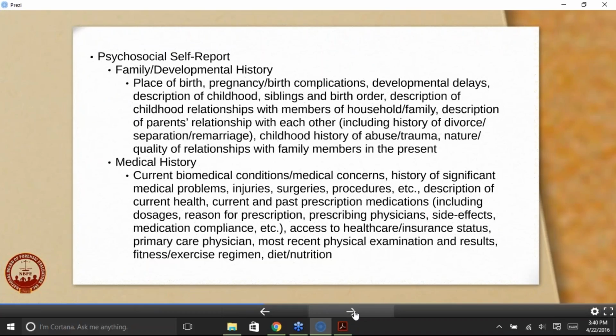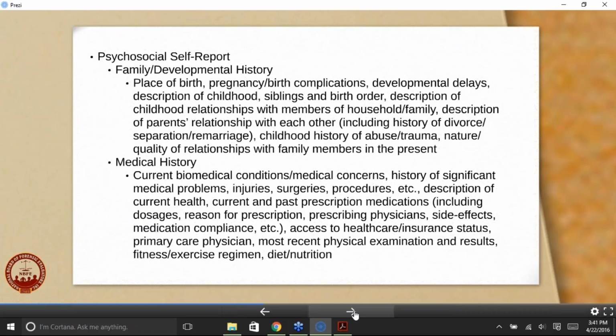Now we use the verbiage psychosocial self-report because we're saying this is what the client tells us about their history. It's a self-report. These aren't necessarily facts. The client certainly could be falsifying or skewing information or screening out what they do and do not report, but we're saying this is their self-report when we explore this kind of information with them.